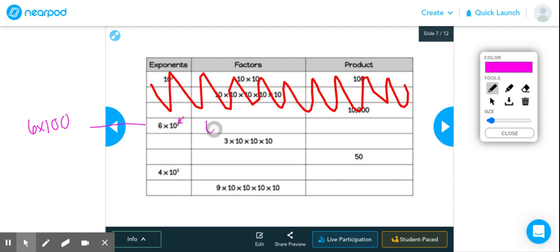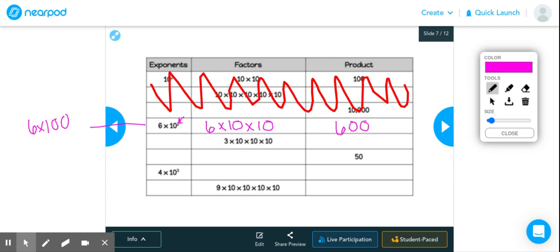I could write that again as 6 times, how many tens would I need? I would need 2 tens, 1, 2, because my exponent tells me I'm repeating 10 2 times. In my product or my final answer, that's like saying a 6 with 2 zeros.